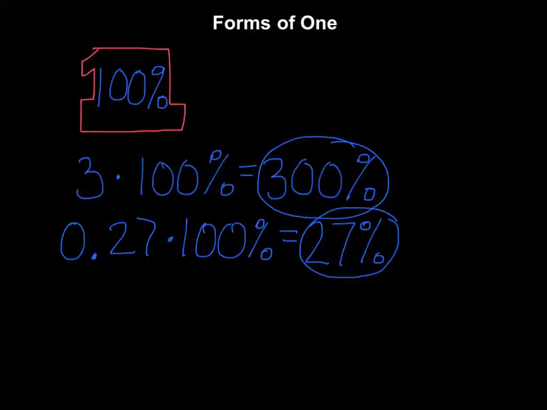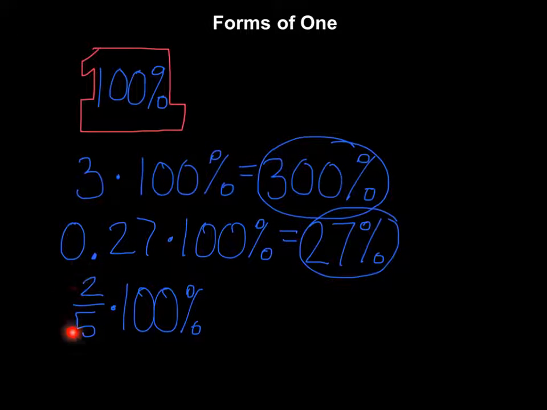And one last example here. If I do 2/5 times 100%, whatever my answer is will be exactly the same as 2/5. Now with this, I'm going to want to do an extra step and change my 100% into 100% over 1.